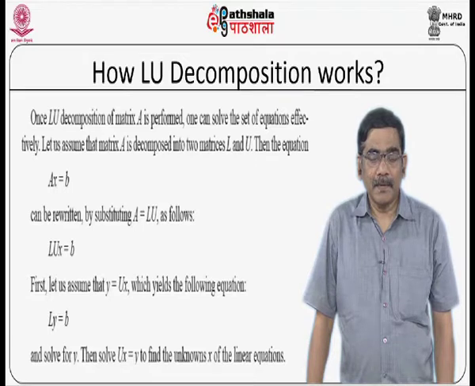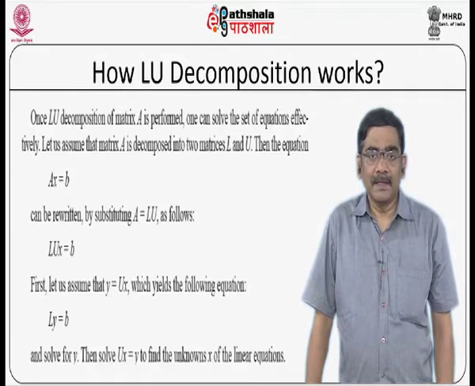That means it now becomes Ly equal to B. Now we can solve for the unknowns y, and once you have y, you can substitute it into the equation Ux equal to y, where we know U and we know y. So now we can find the unknowns x. This is the advantage of this method.